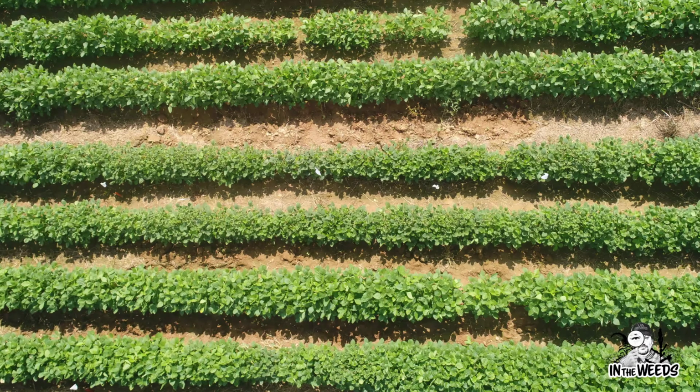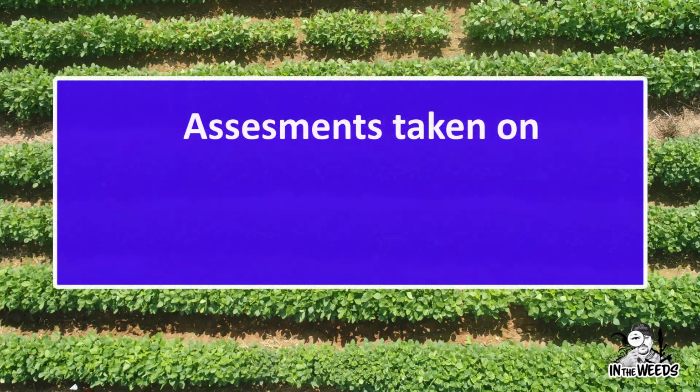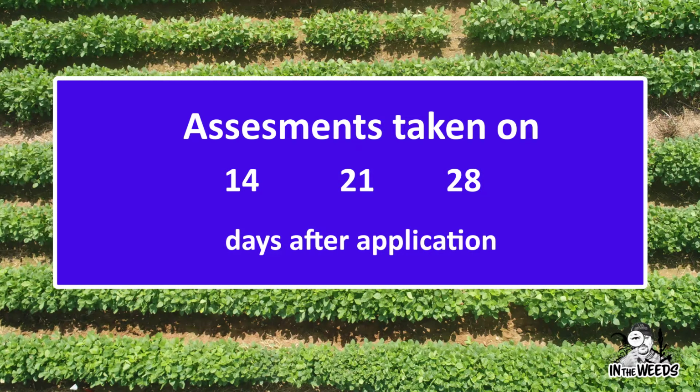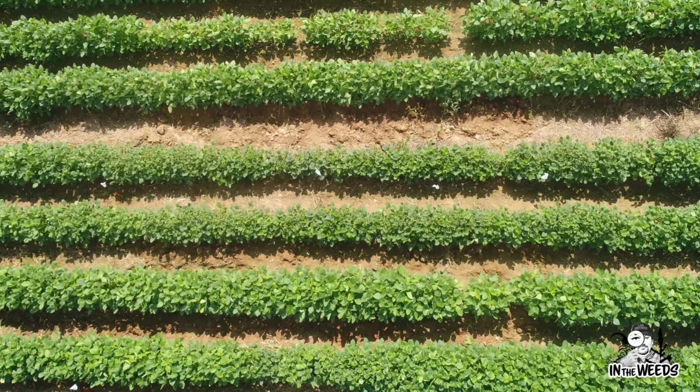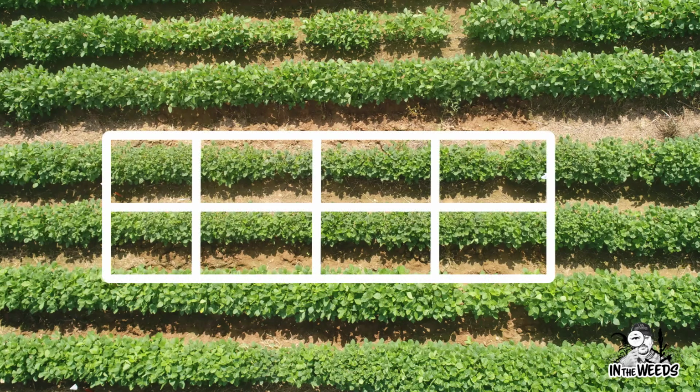Then we come back in and begin to take assessments within the field on the bioindicator crop at 14, 21, and 28 days after initiation of the experiment. Some might ask, how do you go about evaluating the sensitivity of the soybean? What we ultimately do is rate the degree of damage or injury that occurs to the crop. Underneath the tunnel, or where the tunnel once sat within the field, we break the plot into 8 quadrants, as seen here in this photo.